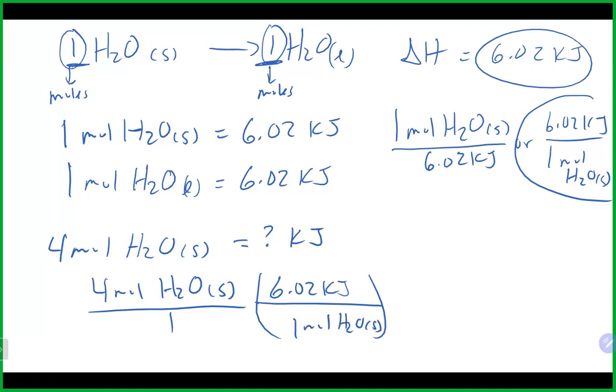That would get us 4 times 6.02. It would tell us that we would produce 24.08 kilojoules of energy, and we would perhaps round it to 24.1 kilojoules in this particular case. And we can do it as a conversion factor.